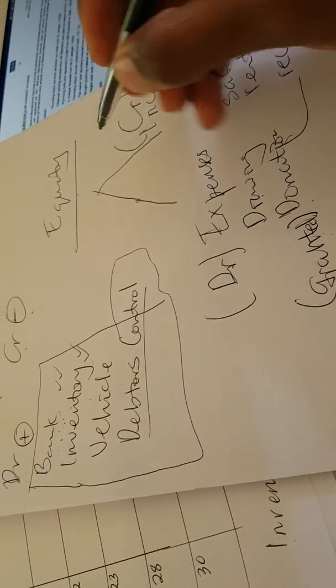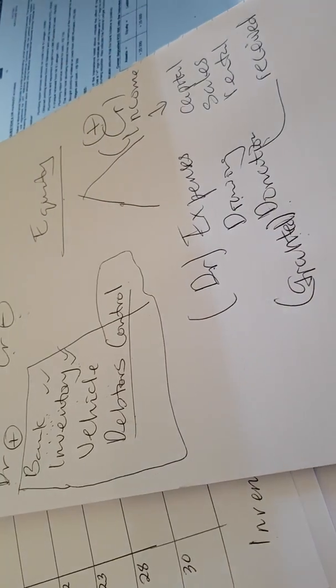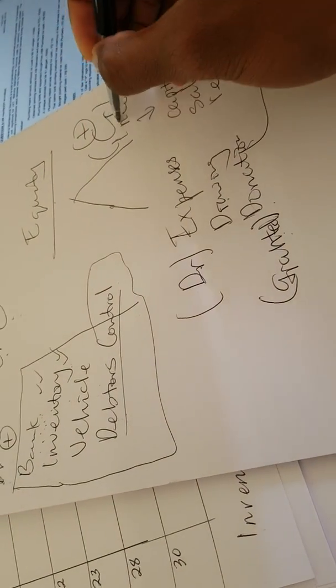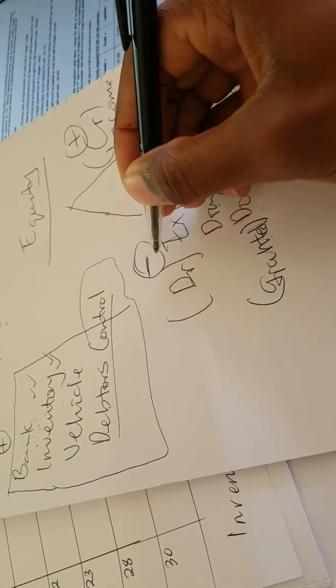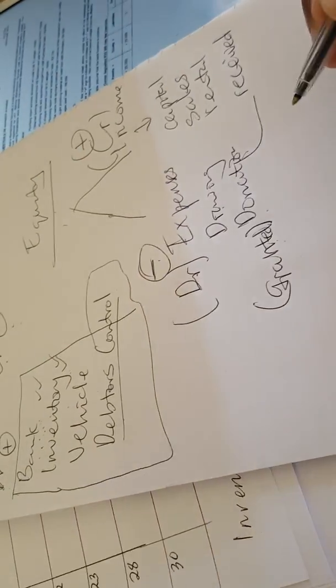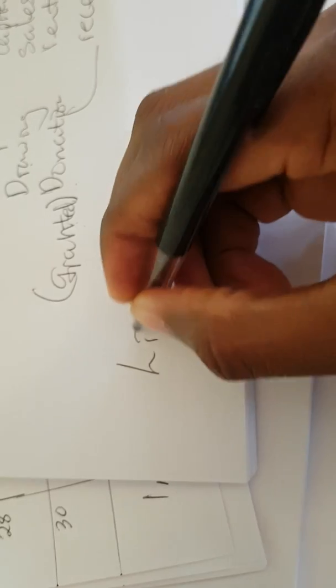Why? They increase the equity of the business, so they are positive to the equity, so they should always be credited. And the expenses should be debited because they are negative to the equity of the business.